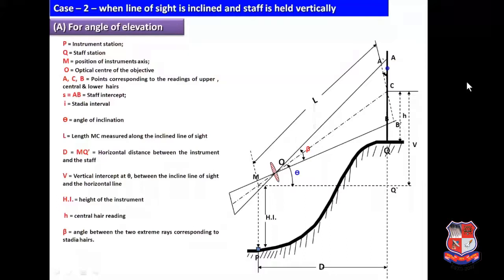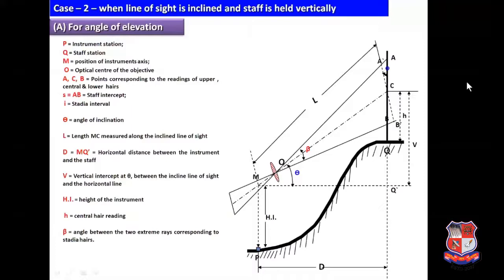S is equal to capital AB is equal to staff intercept. I is equal to stadia intercept. Theta is the angle of inclination, means it is the vertical angle between the horizontal line of sight and inclined line of sight.